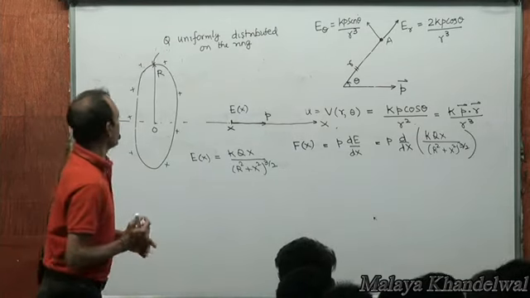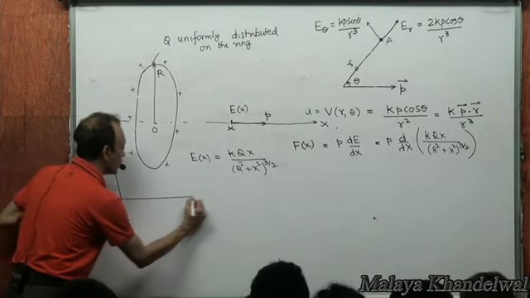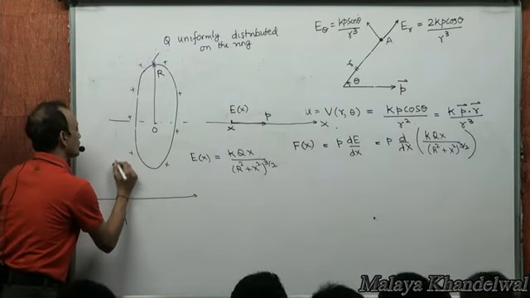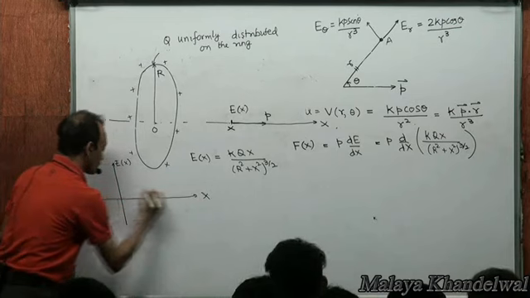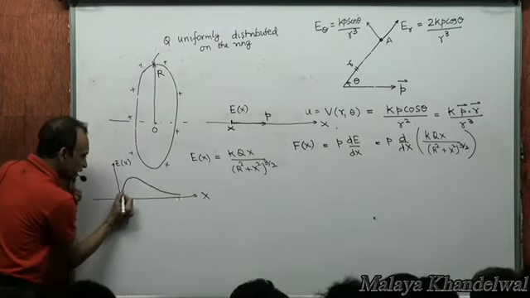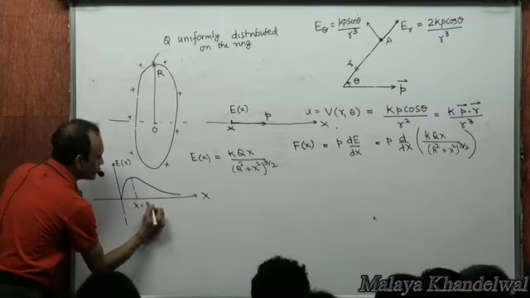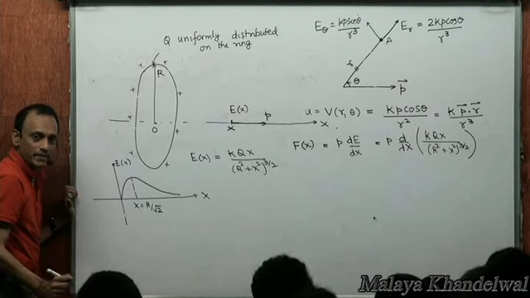Now if you recall, the variation of the electric field with x along the axis of the ring was like this. Initially linear, and then at x equal to r by root 2, it reached a maximum. Remember that?